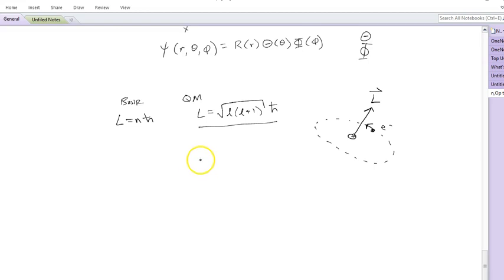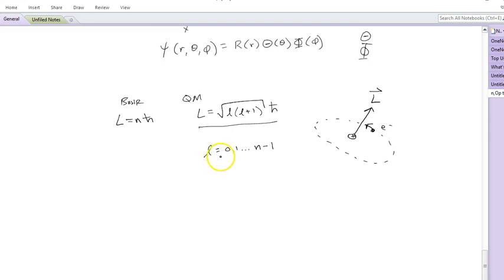Again, a little bit more complicated, because in the Bohr model we only have one quantum number, and so far we have 3 right here. Well, the allowed values of this little l are going to be 0, 1, up to n minus 1. So the principal quantum number is going to determine what the allowed values of the orbital quantum number are.